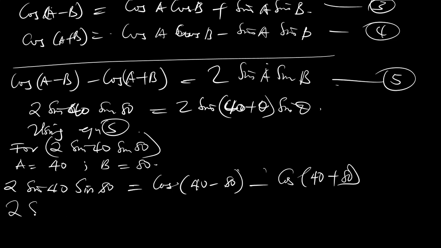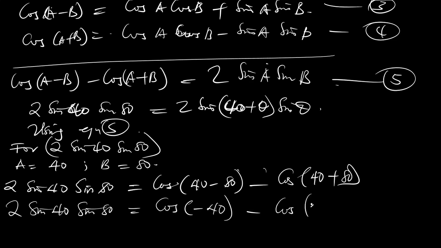Now that means 2 sine 40 sine 80 will give you cos(minus 40) minus cos 120.